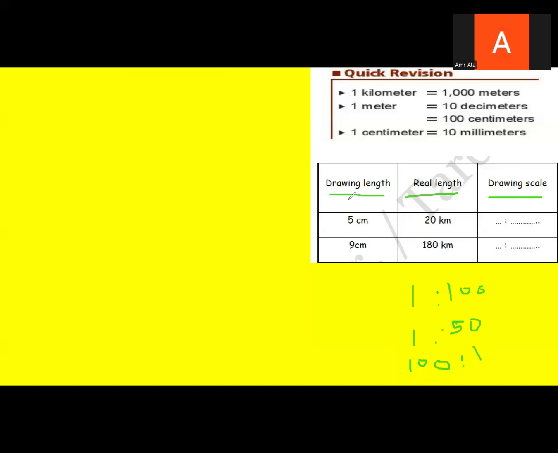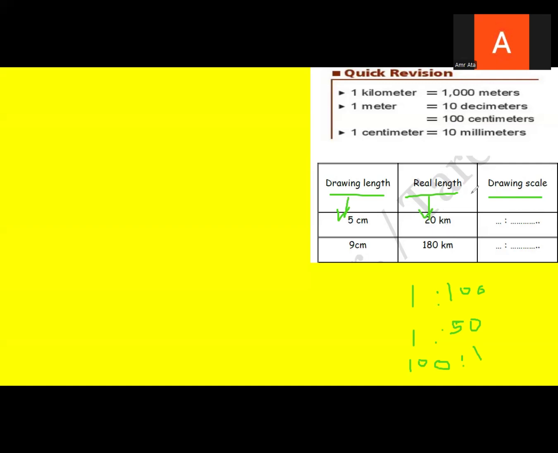So let's take an example. If the drawing length is 5 centimeter and the real length is 20 kilometer, find the drawing scale.